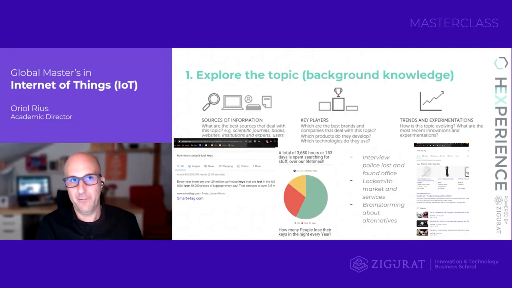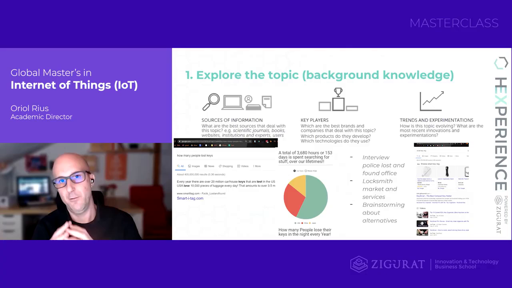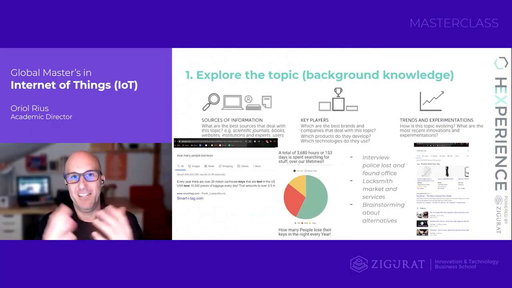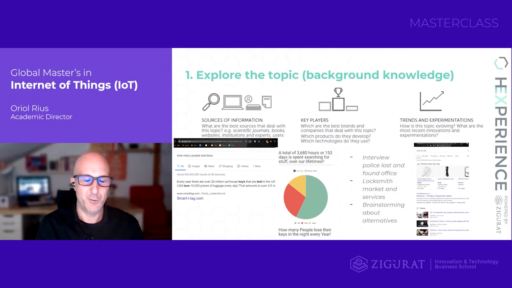Okay, then step one, explore the topic. So gather background knowledge for the project that we are facing. At this point, at the end of the day, what we want is to find proper sources of information. We want to identify key players of this market before we come to that market, and trends and experimentations of the market.